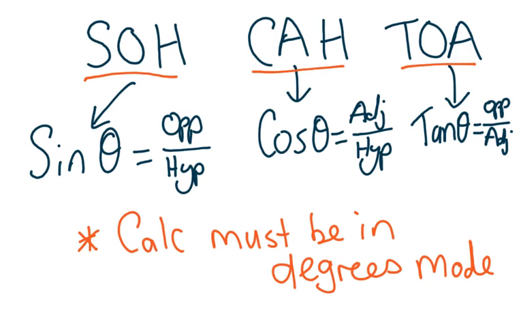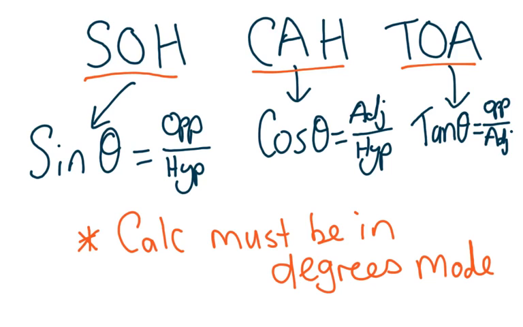So we've got sine theta is equal to opposite over hypotenuse, cos theta is equal to adjacent over hypotenuse, and tan theta, which is equal to opposite over adjacent. Please remember, before you do any calculations on your calculator, it needs to be in degrees mode. Otherwise, you may end up with some wrong answers when you do your calculations.